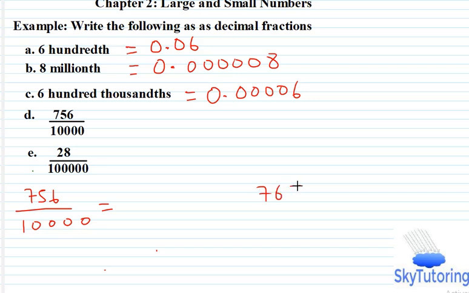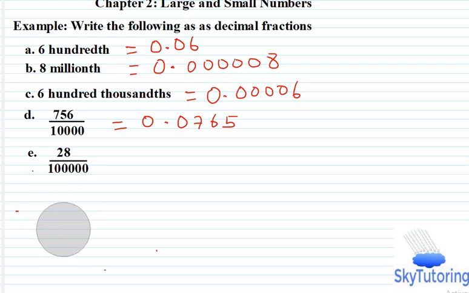If I'm multiplying, I'll move to the right. So add my 0, add my decimal point. So that will be 0.0756.